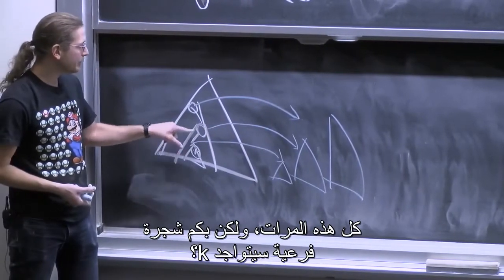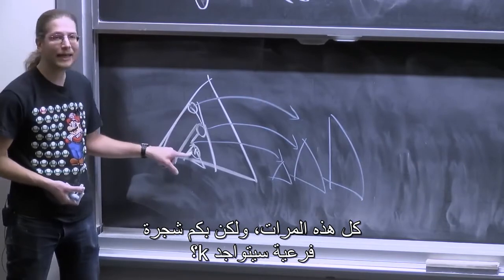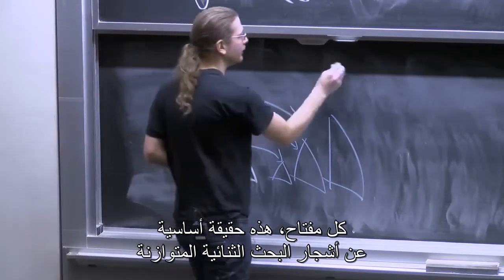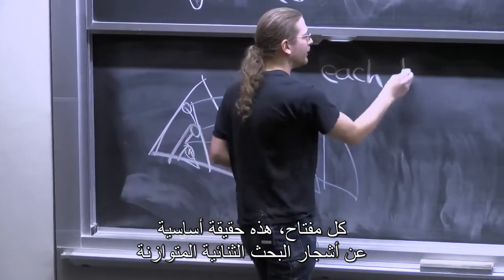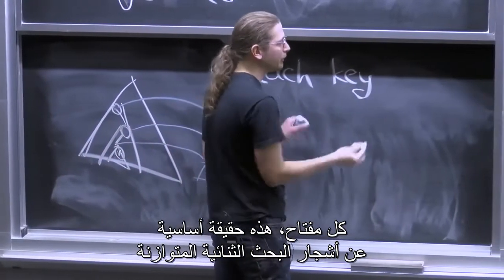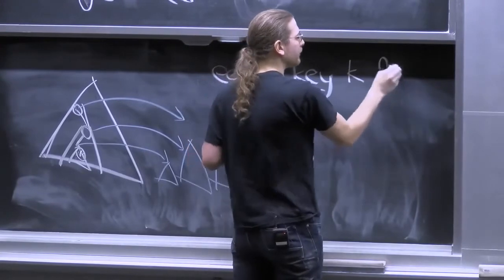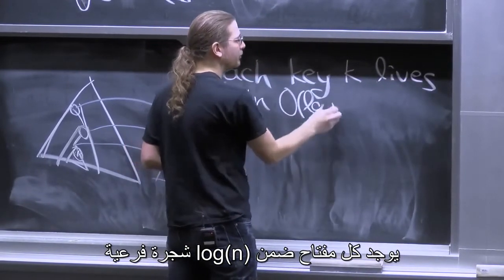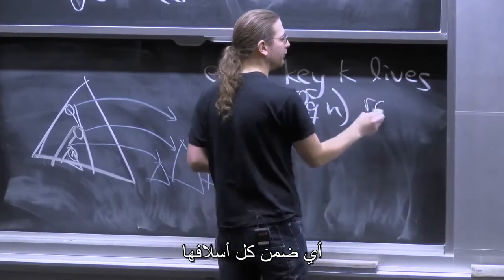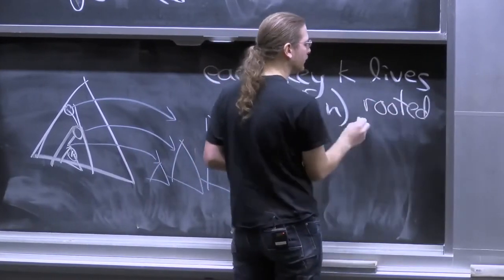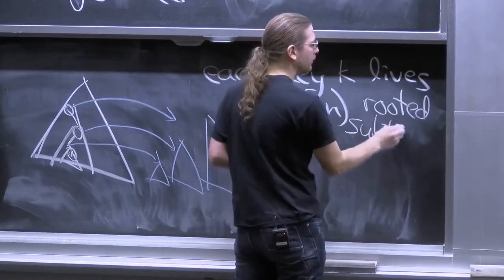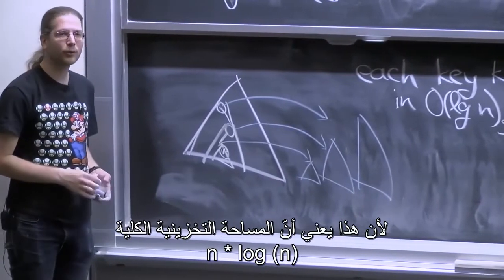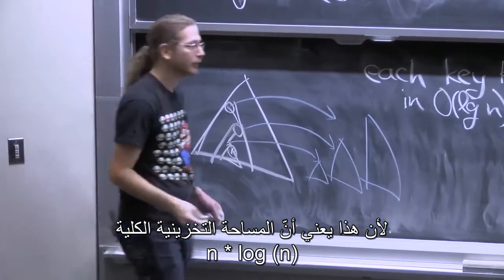But how many subtrees is k in? Log n. Fundamental fact about balanced binary search trees: each key lives in log n subtrees, namely all of its ancestors. Awesome, because that means the total space is n log n.